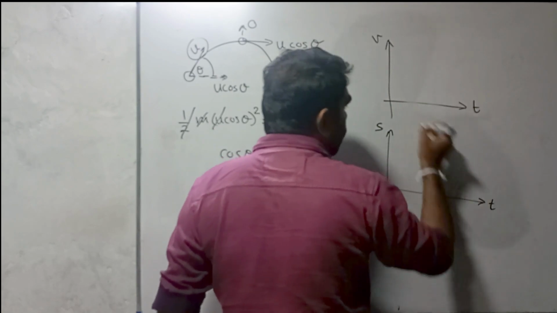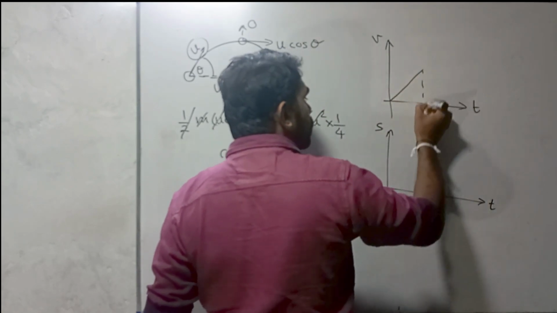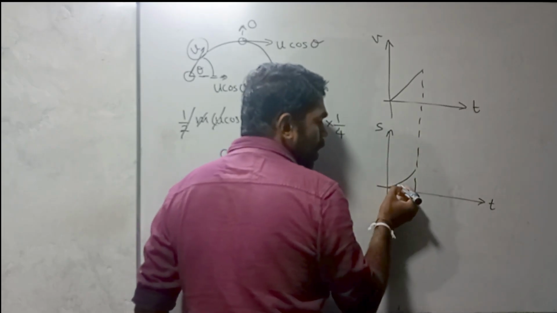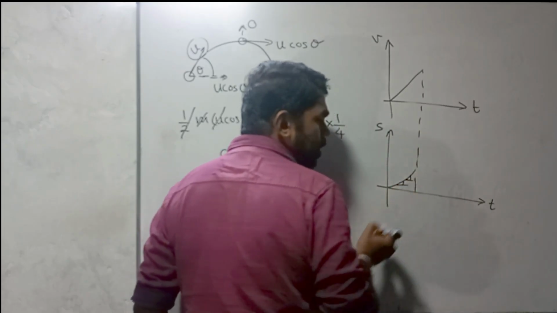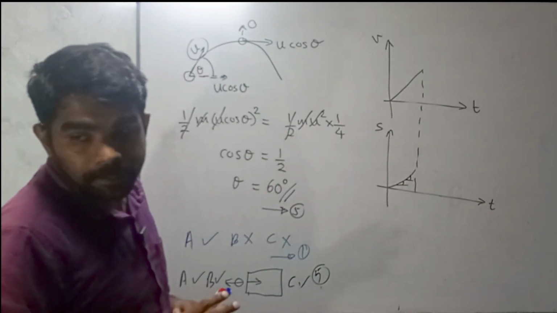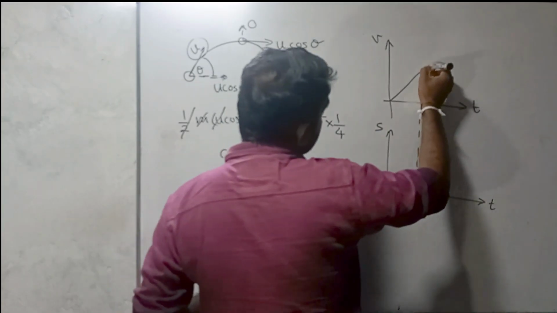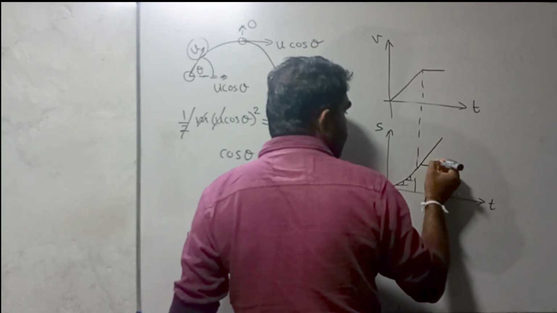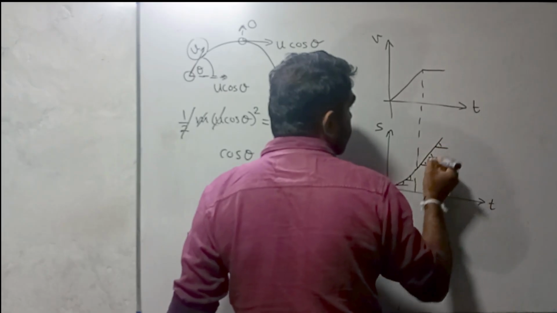For the first part, velocity increases, therefore the gradient of the displacement-time graph increases. Gradient means this acute angle. It is increasing. Then for the second part, there is a constant velocity. It means the gradient is not changing. There is a constant angle for that part.